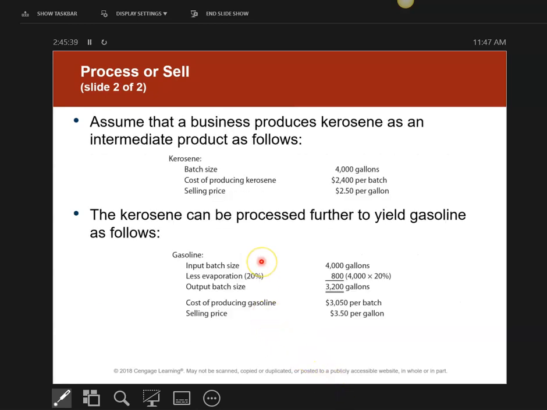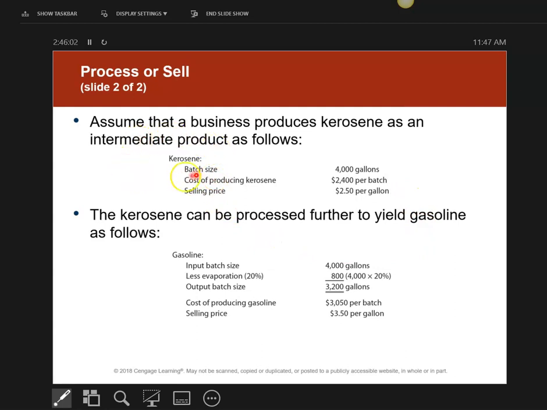So here's the scenario. We produce kerosene. By the way, kerosene is the byproduct. Our end product is gasoline, but as I can make kerosene, that's my byproduct. Here's my information about kerosene: 4,000 gallons per batch. It costs me $2,400 per batch to make, but I can sell it for $2.50 a gallon.